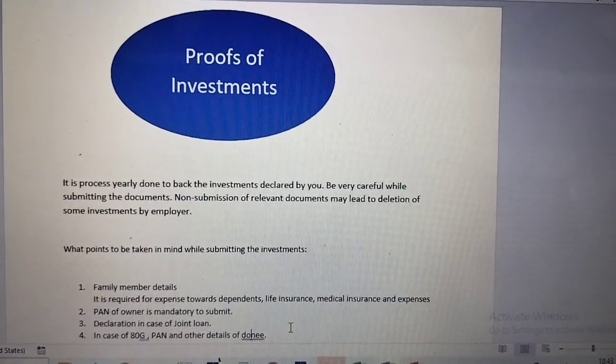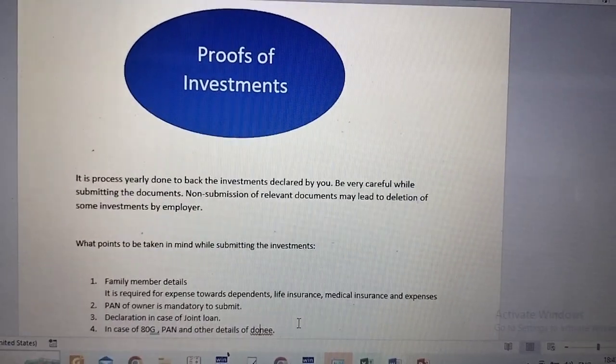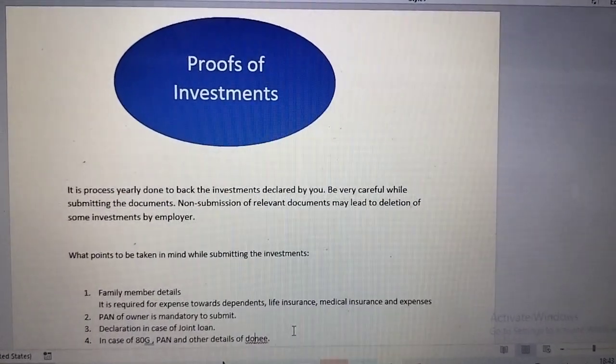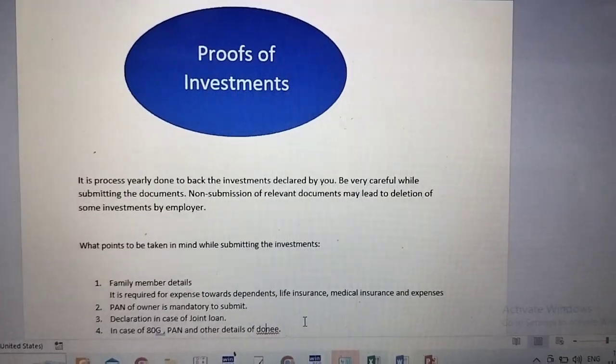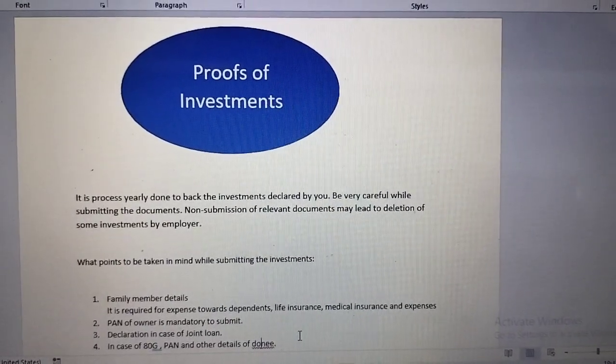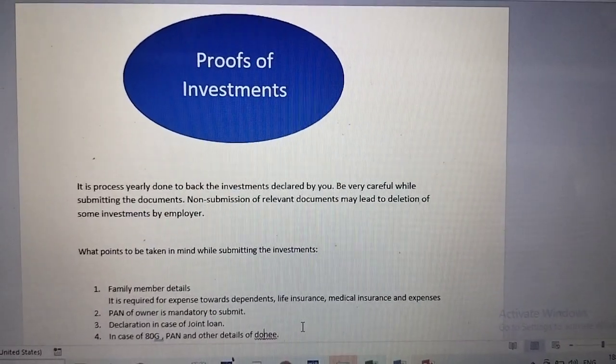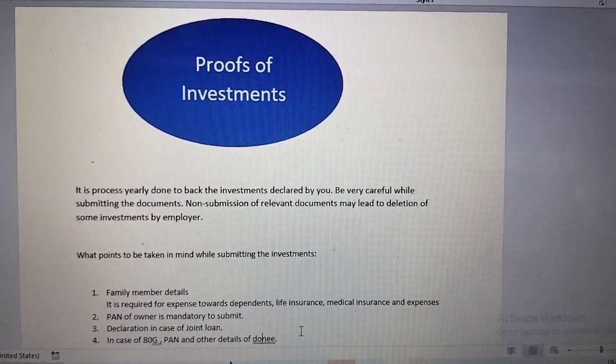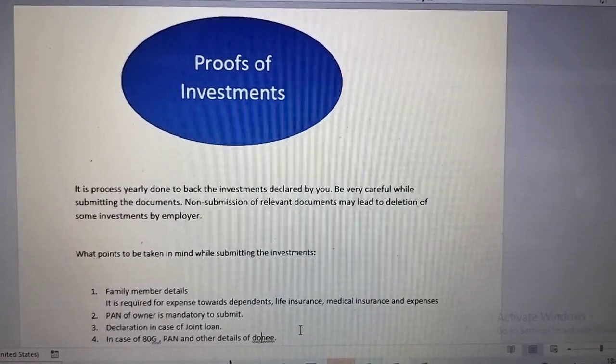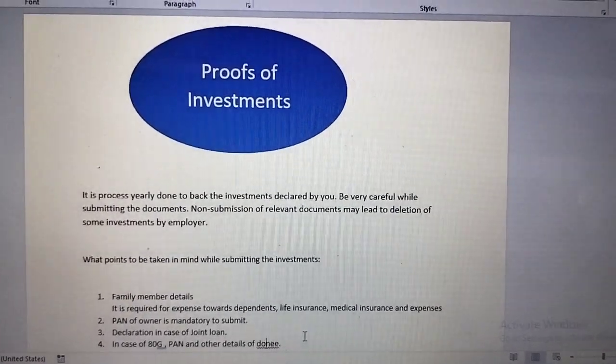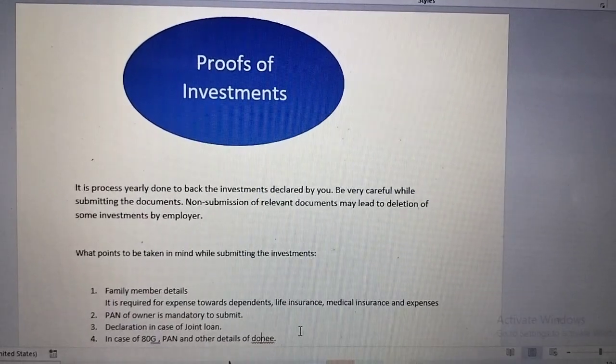Okay. And now see, if you have made donations under 80G, some people I have seen they don't submit the details of the donee. In that case that won't be allowed, it would be deleted. So these are the basic things you have to take care while submitting the proofs.